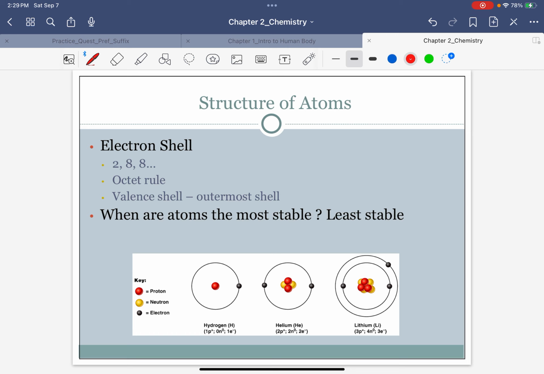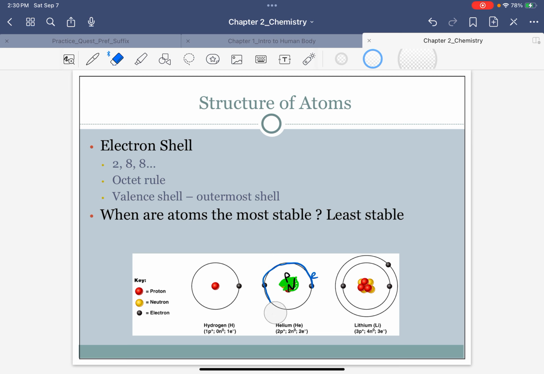Now, there's some extra rules that we have to talk about. All of these in particular relate to the electron shell. So we already know that an atom has 2 parts, the inner nucleus and then the outer electron shell. We know that the inner nucleus contains protons and neutrons, and then the outer shells have the electrons.